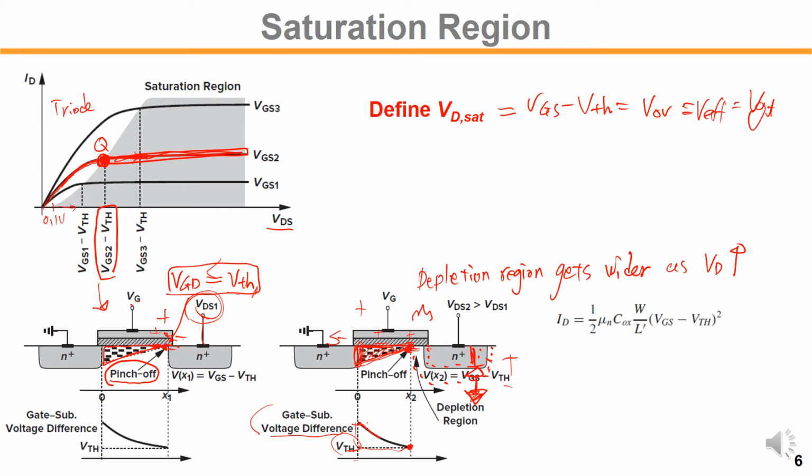Once the overdrive voltage is defined, if VDS is greater than VDsat, the output current is saturated. It is constant current. So this looks like a current source. Okay.